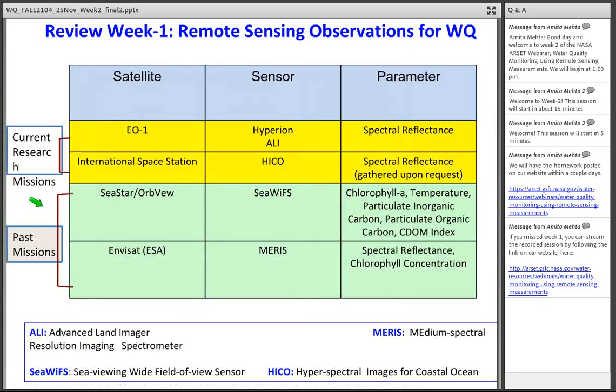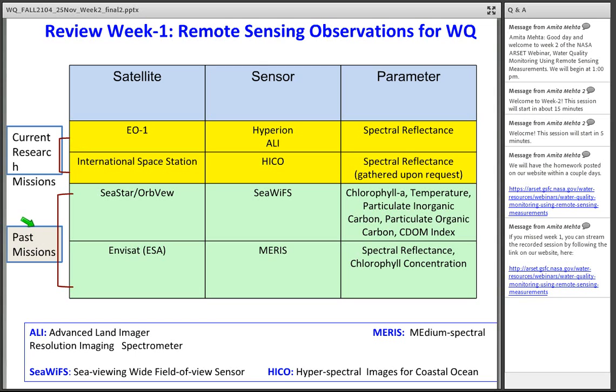Then we will go forward to two research missions currently in orbit: EO-1, or Earth Observing Satellite 1, which has the Hyperion sensor, and right now spectral reflectances are available from these instruments. HICO is flying on the International Space Station. These are research missions, so we will talk about them a little bit.